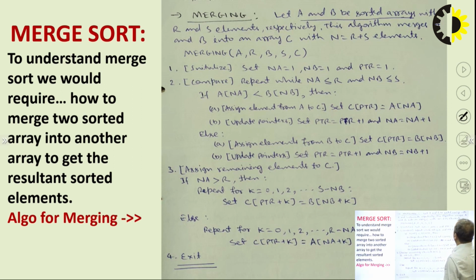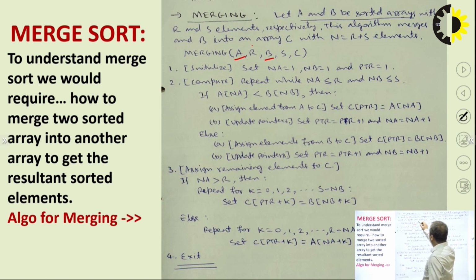The merging operation will be required. So what is the merging operation? Suppose A and B are two sorted arrays having R and S elements respectively. This algorithm merges A and B into an array C with n equal to R plus S elements. So A is the first array, B is the second array.